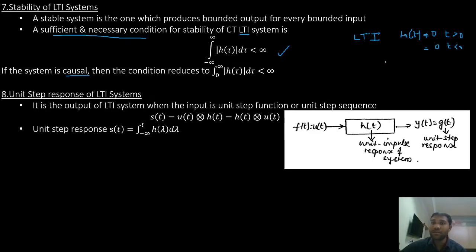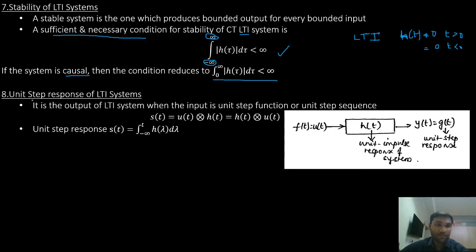This is the definition for causal LTI system. So for a causal LTI system, what will be the stability condition? Instead of minus infinity to infinity, my limits will now be 0 to infinity. That is the stability of LTI systems.